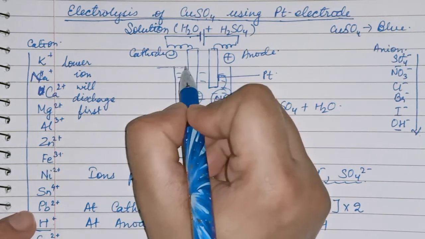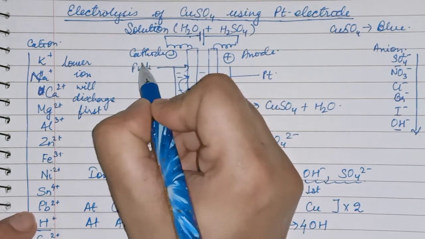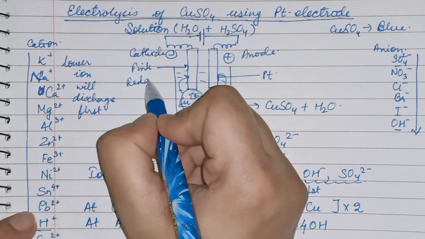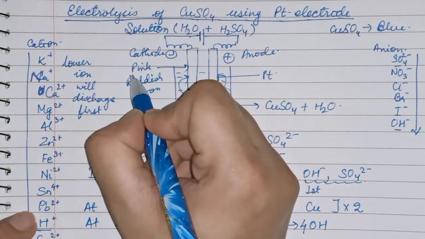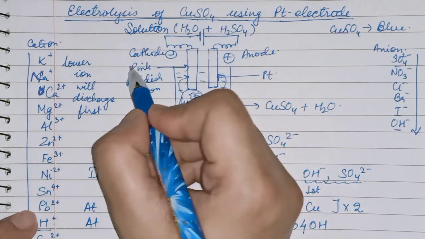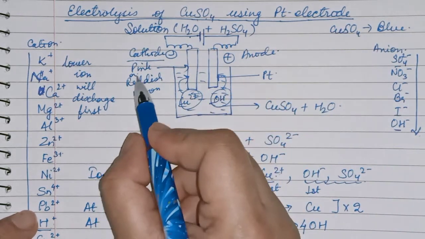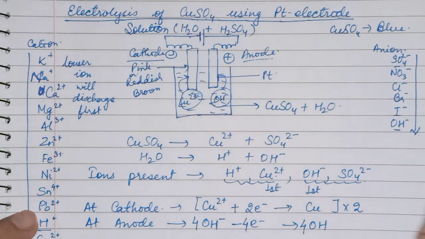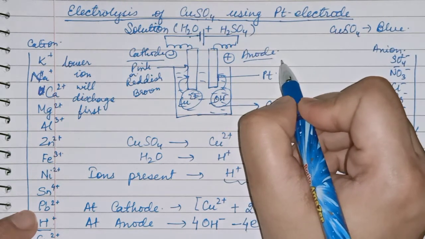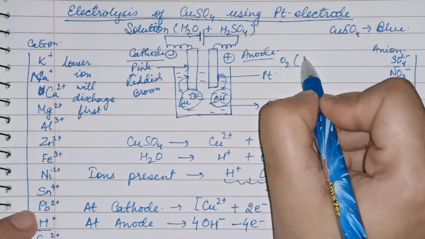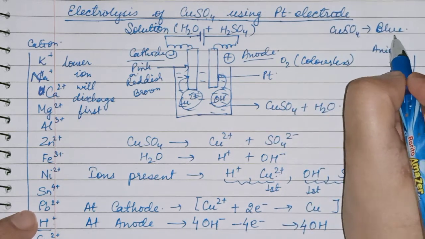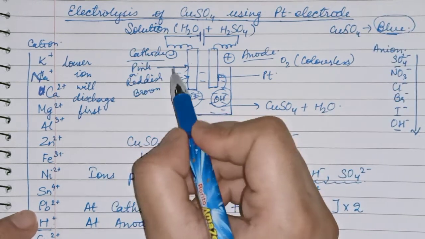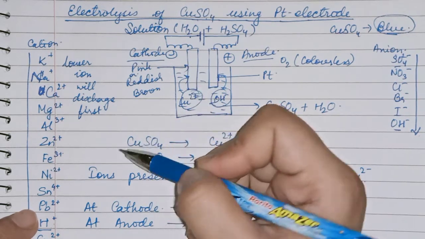Okay, so the color will be pink or reddish brown. So here the cathode will be reddish brown or pink, and at anode oxygen gas is evolving, that is a colorless gas.